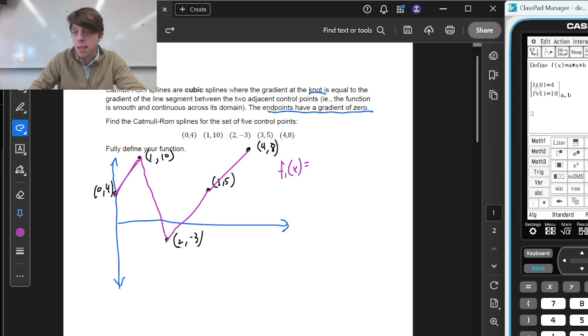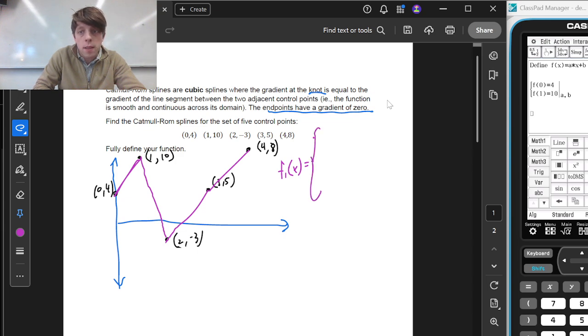It tells me that a is equal to 6 and b is equal to 4. So this can be our first equation in our piecewise function. This first equation is 6x plus 4, and it's defined from x greater than or equal to 0 up to 1. So that first segment from 0 to 1 is given by that equation right there.